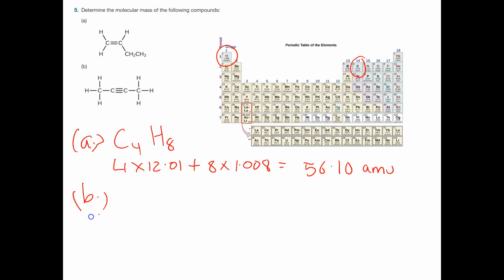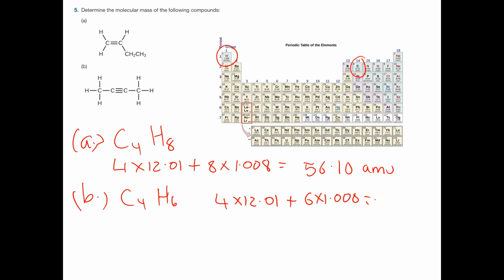Okay, for the next one, we're going to do the same thing, just make sure we add everything up correctly. 1, 2, 3, 4 carbons, and then 1, 2, 3, 4, 5, 6 hydrogens. So this one's going to be a little lighter. So 4 times 12.01 plus 6 times 1.008.